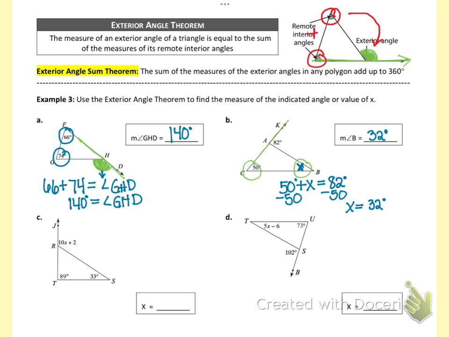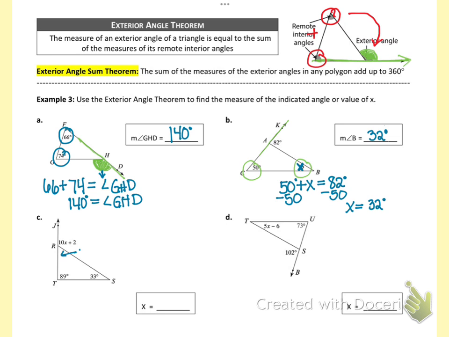Of course, now they're going to start to get a little more complicated. So again, here I could use a different strategy than using that exterior angle theorem. I could figure out what this measure is right here, because I know one angle is 89 and I know one angle is 33. That accounts for 122 degrees of the 180 inside the triangle.